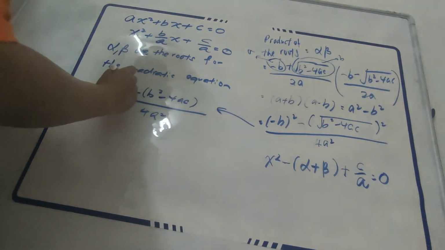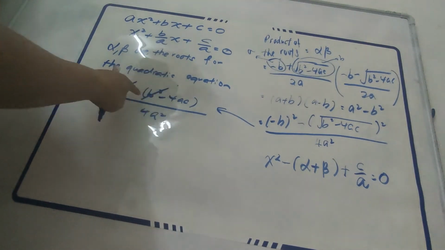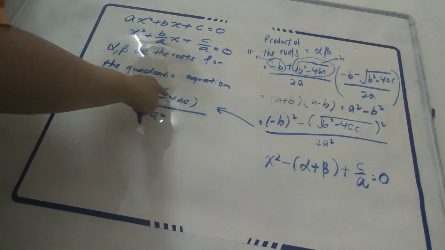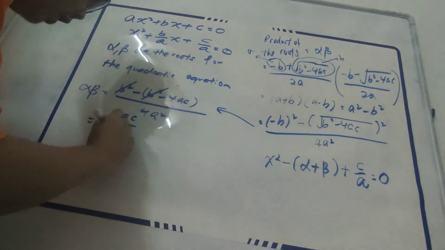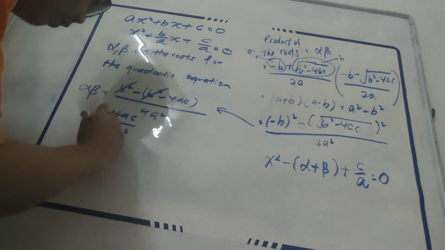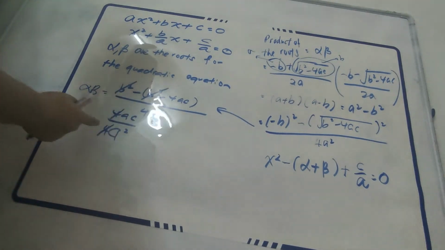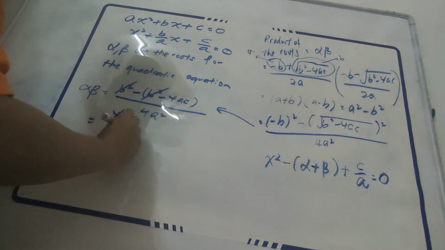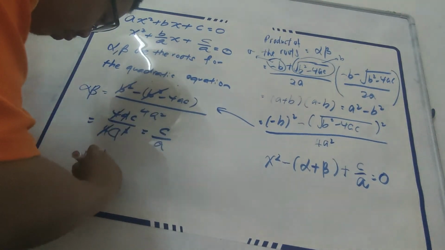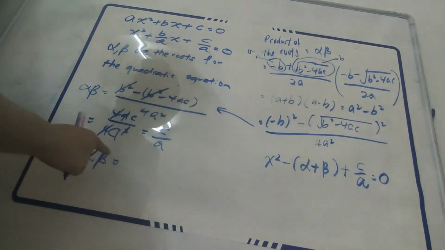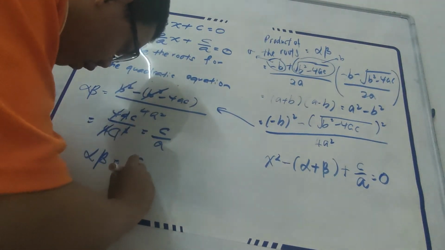So b square minus b square is 0, and minus times minus 4ac equals 4ac, divided by 4a square. Simplify, and you get c over a. So your product of the roots is c over a.